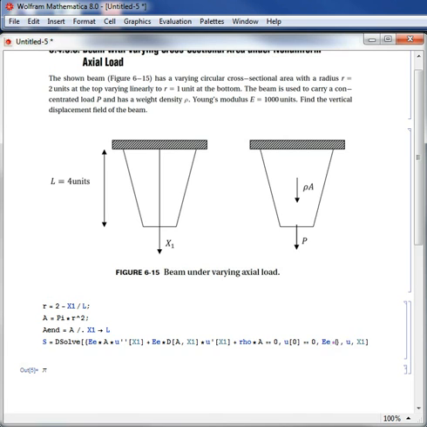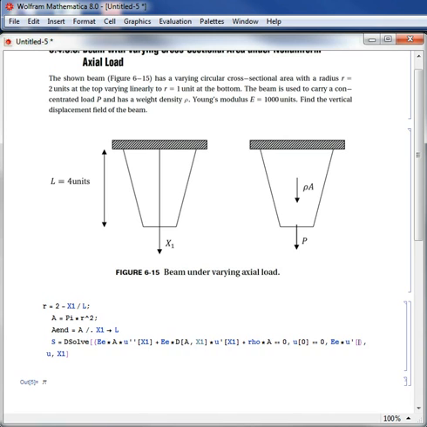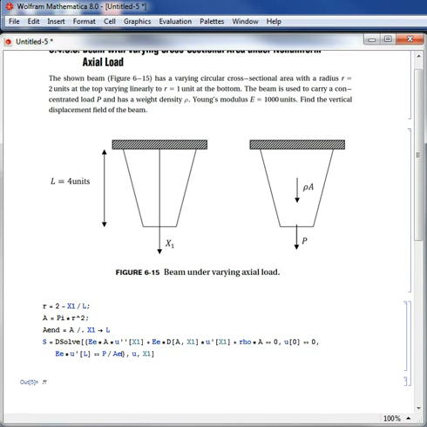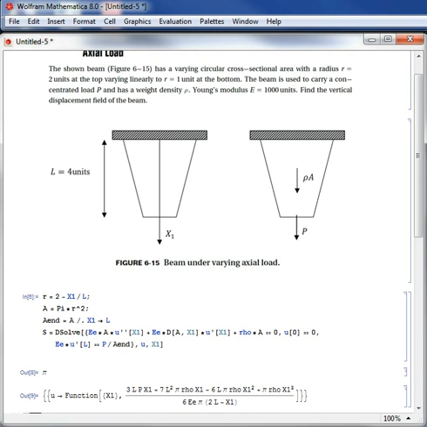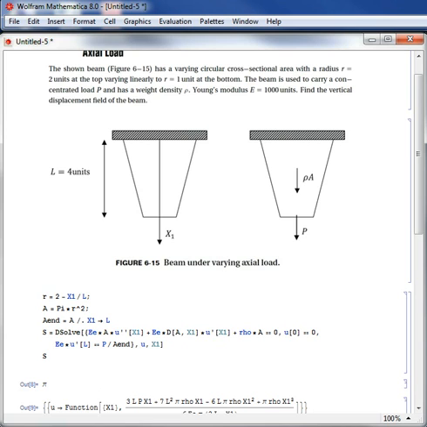Young's modulus multiplied by the strain, which is du by dx1 at the bottom, which means when x is equal to L, this is equal to the value of the force divided by the area at the end. Shift enter, and indeed I get a solution.